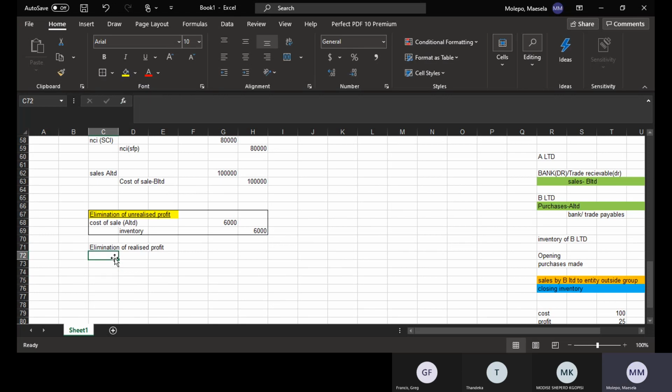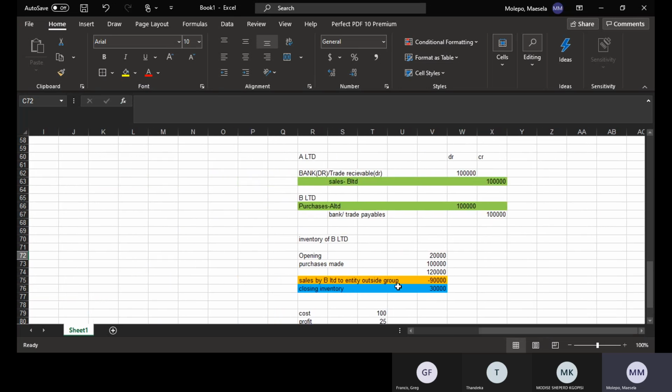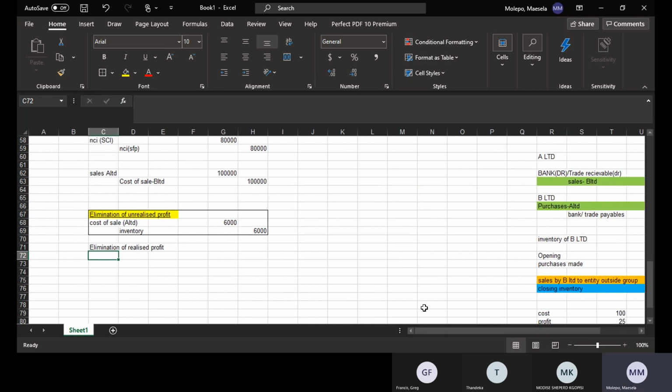Since we sold it, it affected the retained earnings, because whatever profit we made goes to the retained earnings at the end. Normally the retained earnings go into the credit side, but in this case, because we are eliminating, it comes to the debit side.